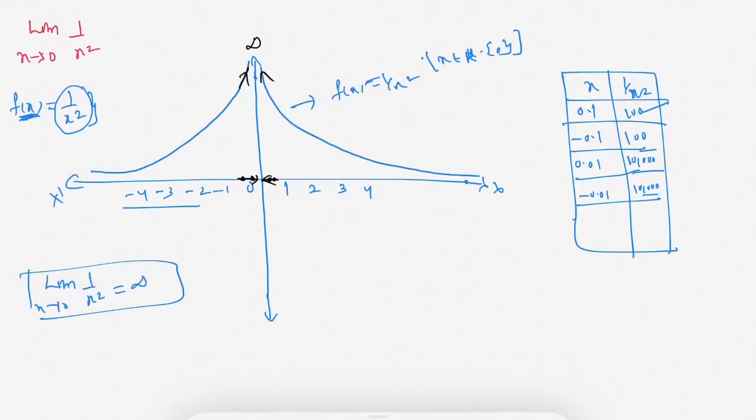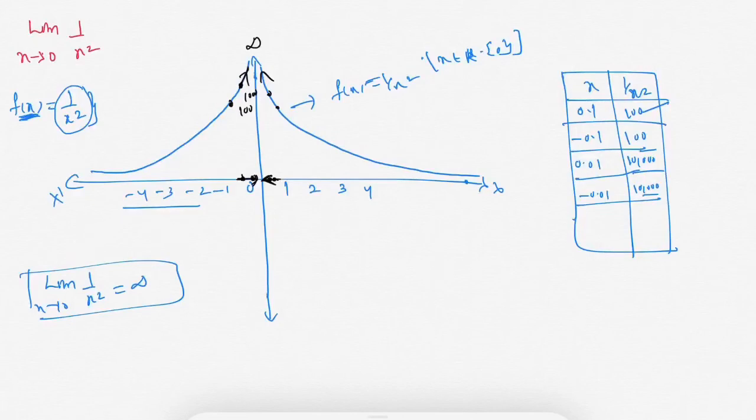So then x is approaching from the right hand side and left hand side, then y is approaching what? For x equal to 0.1 it is 100, for x equal to 0.01 it is 10,000. Similarly, for x equal to minus 0.1 also it is 100, and for minus 0.01 it is 10,000, plus 10,000 only.